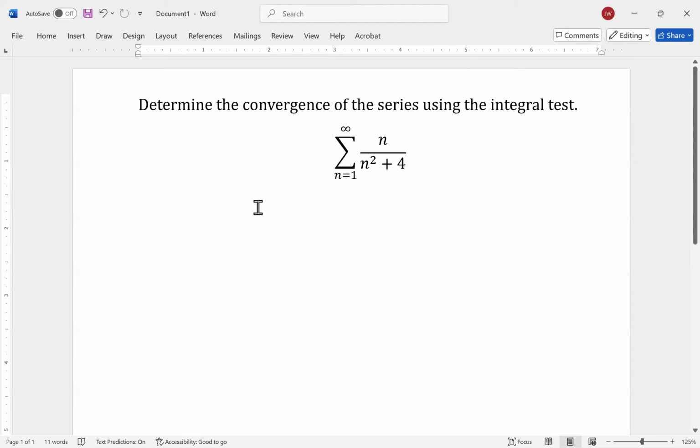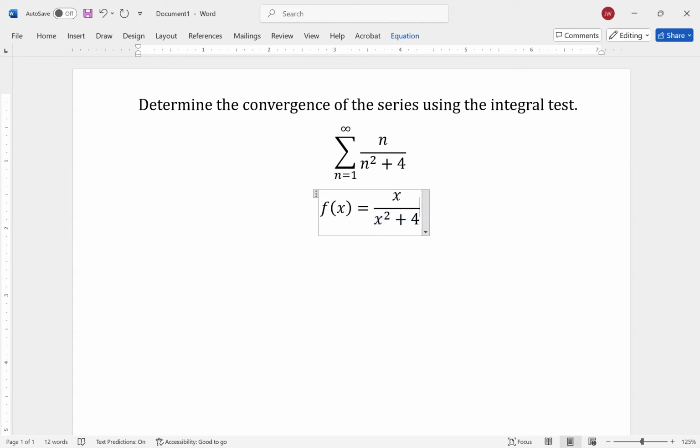The first thing that I do is I create a function that gives me the terms in this infinite series, so the terms that I'm adding up. And the function, if I use x as my variable, would simply be x over x squared plus 4.